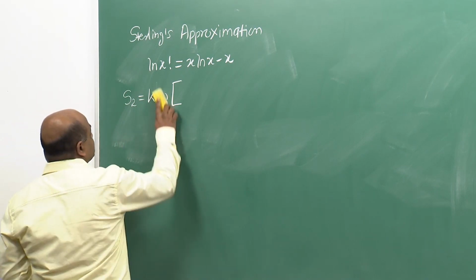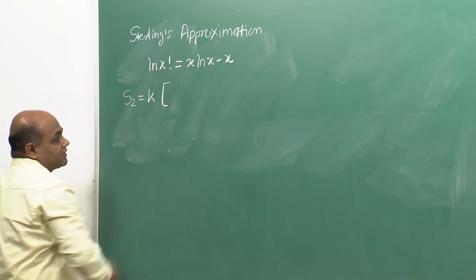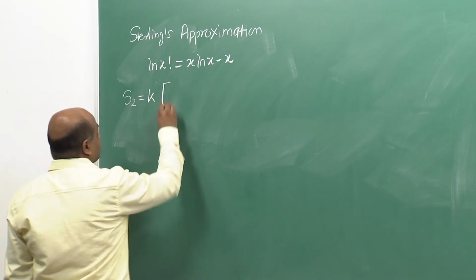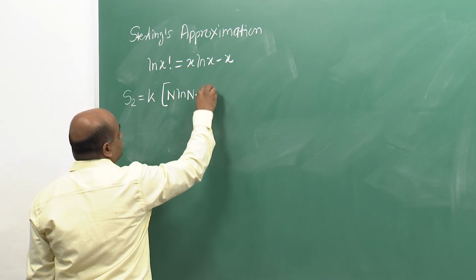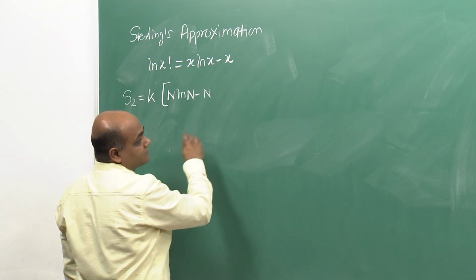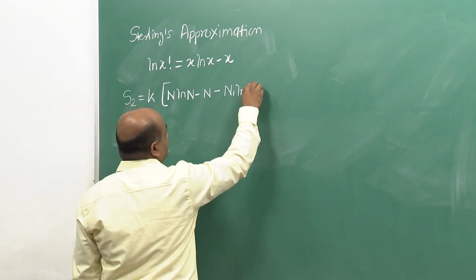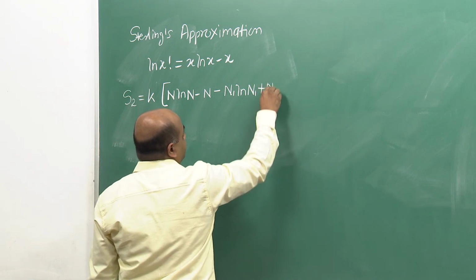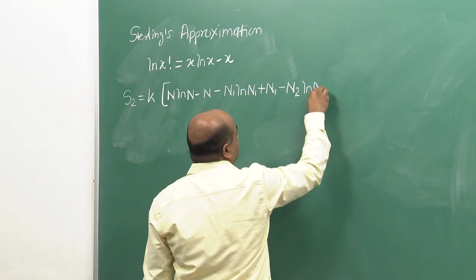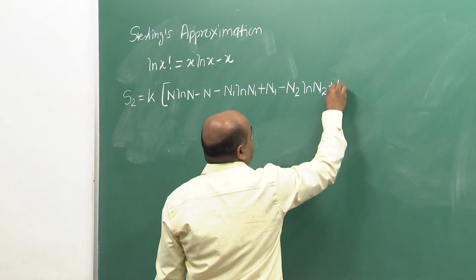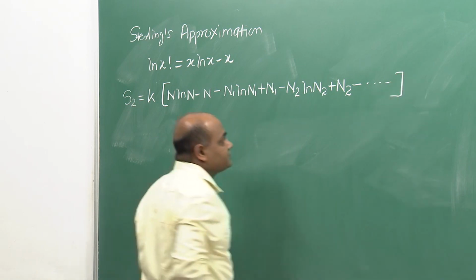So, this becomes k times n ln n minus n, minus n1 ln n1 plus n1, minus n2 ln n2 plus n2 and so on.